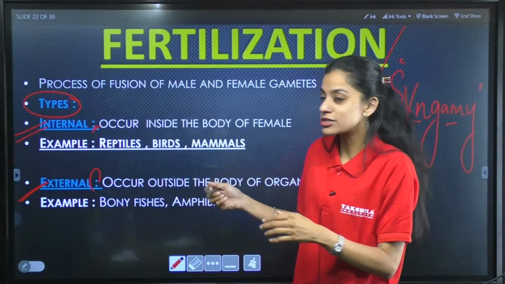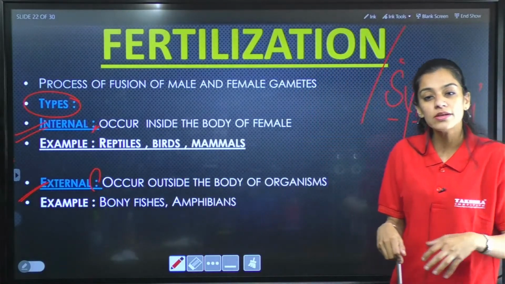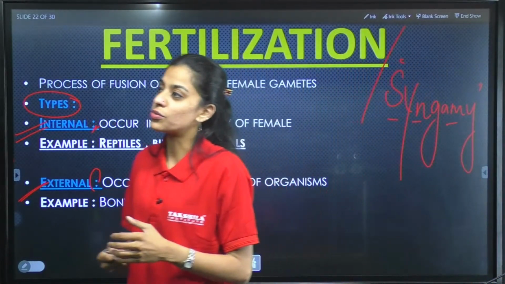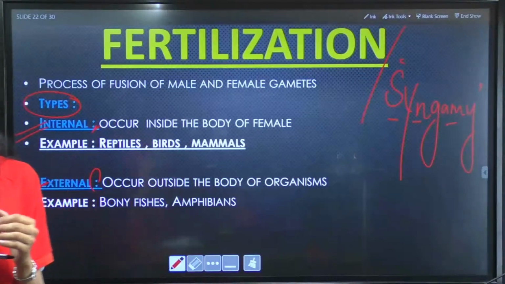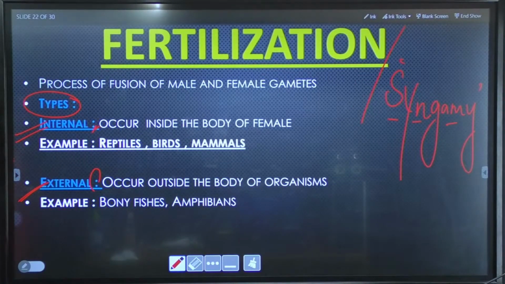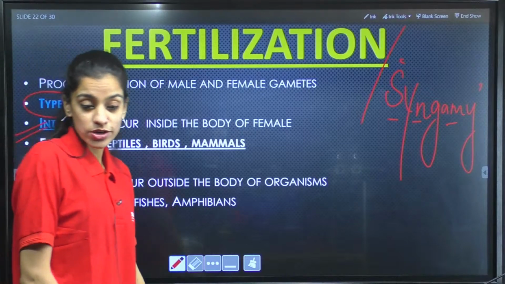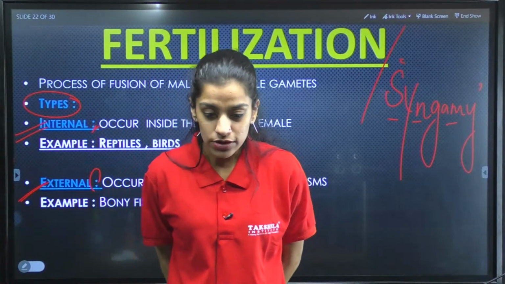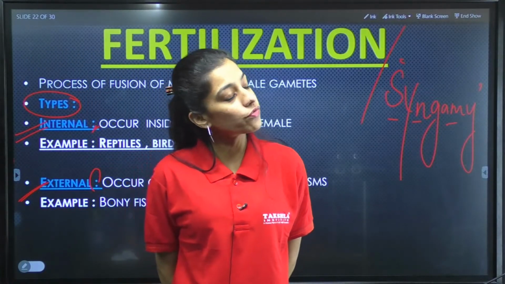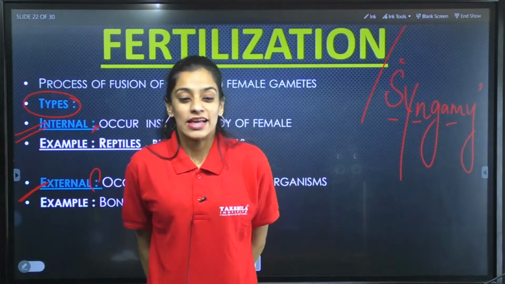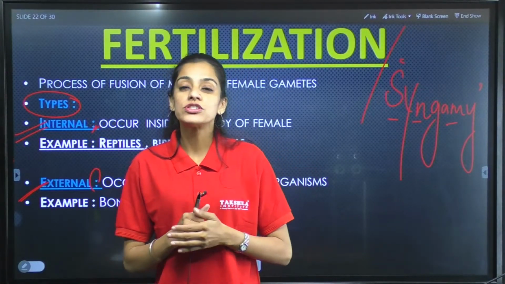And if it takes place inside the body of a parent, then it is referred to as internal fertilization, right? Okay, here comes the question. It says that internal fertilization is better than external. Obviously, the external one is not in a protected form.